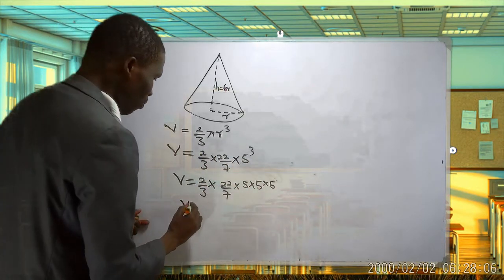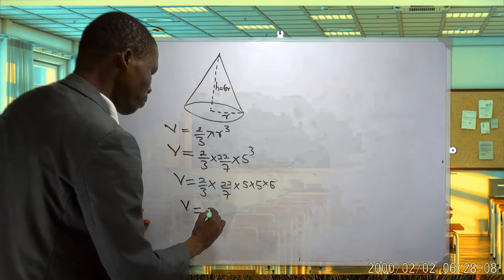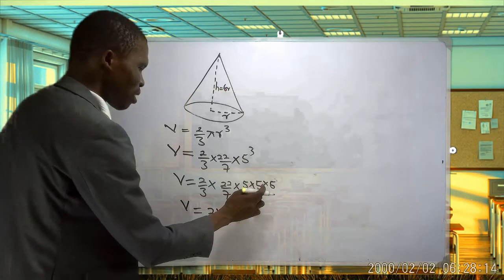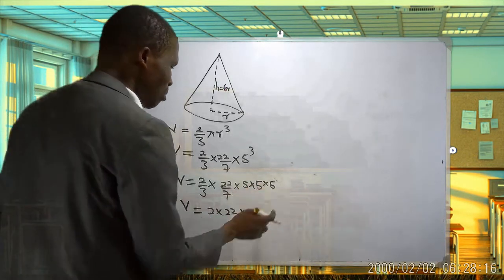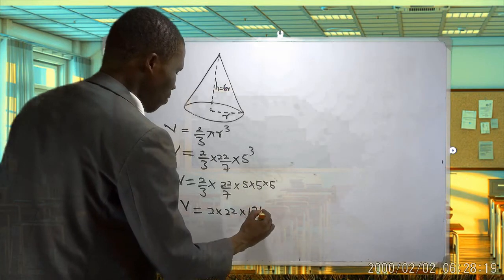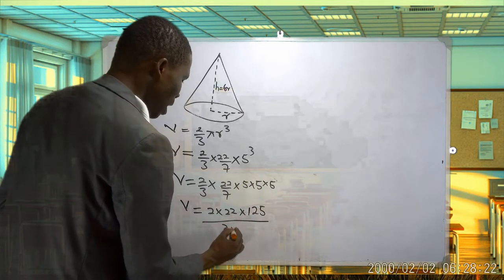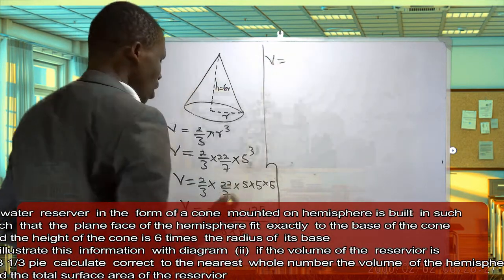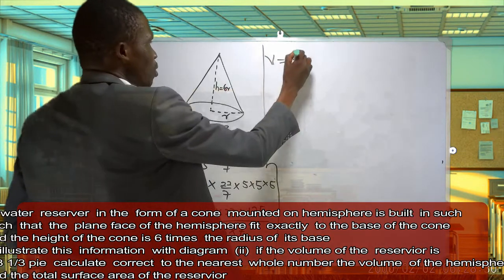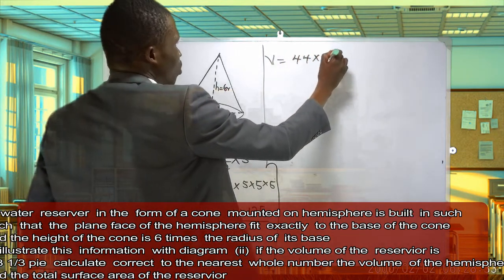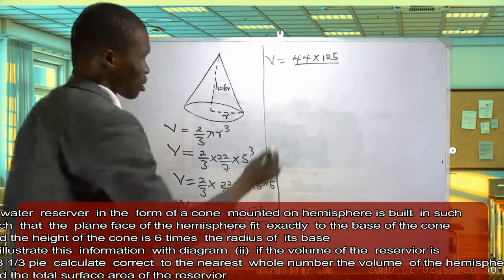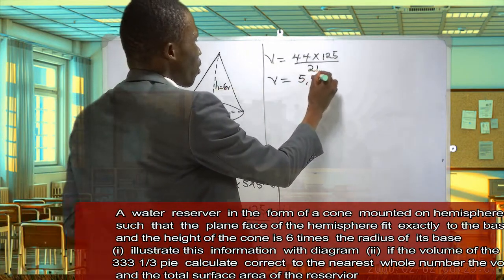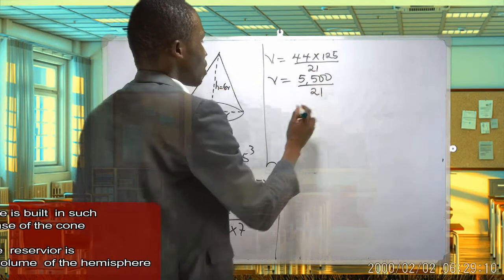So V will give us 2 times 22 times 5 times 5, 25, 25 times 5, we have 125, divided by 3 times 7. So the volume will give us 2 times 22, we have 44, multiplied by 125 divided by 3 times 7, 21. So the volume will give us 5,500 divided by 21.